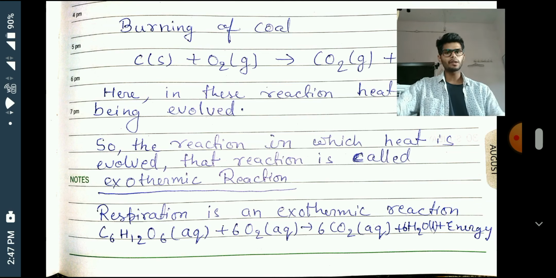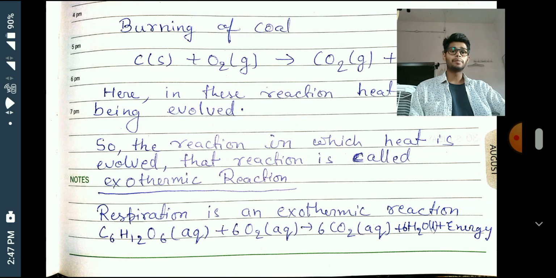Respiration is one of the famous exothermic reactions, and you have seen this equation since your childhood. It's also an exothermic reaction. When the carbohydrate or glucose is oxidized, or reacts with oxygen.